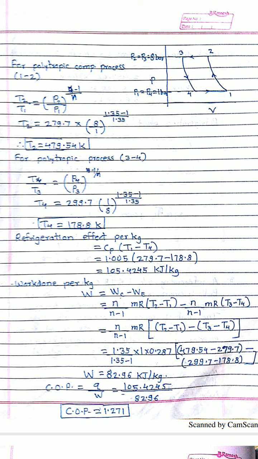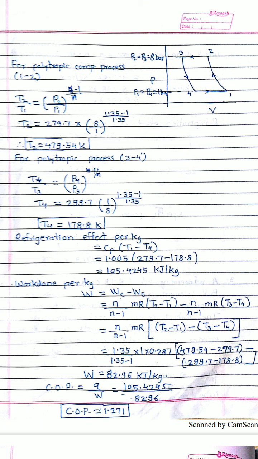So n upon n minus 1 into mR into (T2 minus T1), minus the WE, the expander. So n upon n minus 1 into mR, expansion process takes place during 3 to 4, so (T3 minus T4). n upon n minus 1 mR, both the terms we observe as a constant, taken outside the bracket, and inside the bracket (T2 minus T1) minus (T3 minus T4).